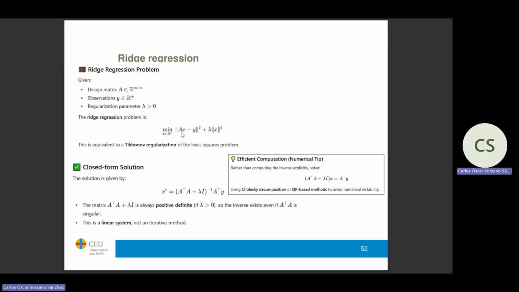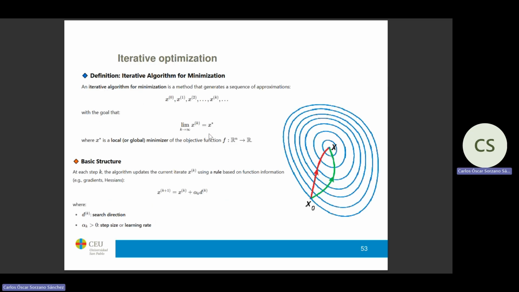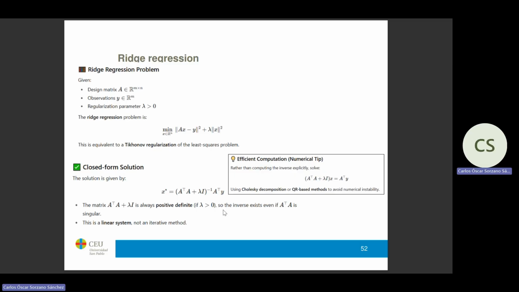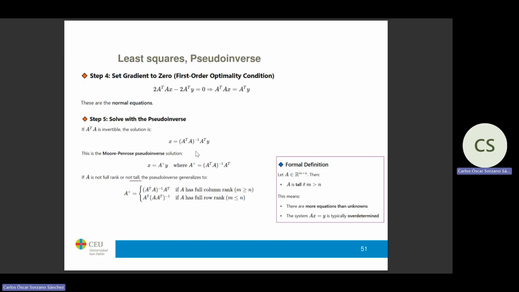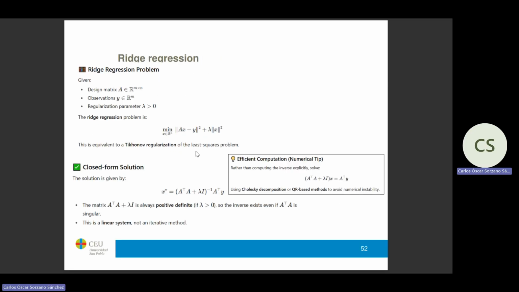It is the standard problem plus something that penalizes solutions in which x is large in terms of norm. So you can solve the equation system or the optimization problem at once. For ridge regression and for least squares, there is an analytical solution.